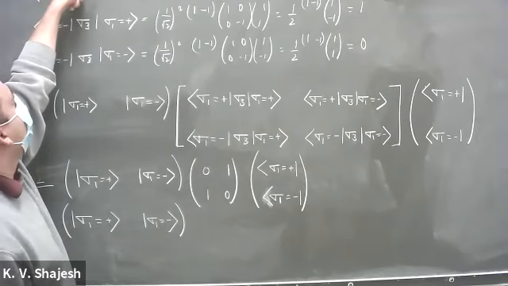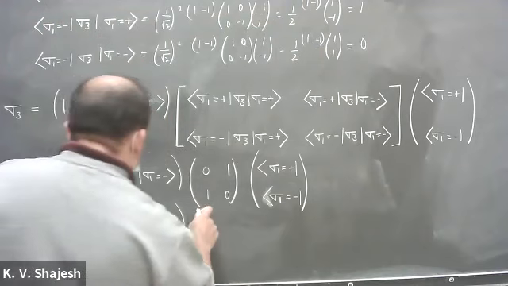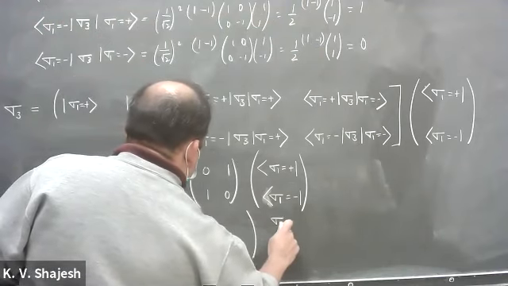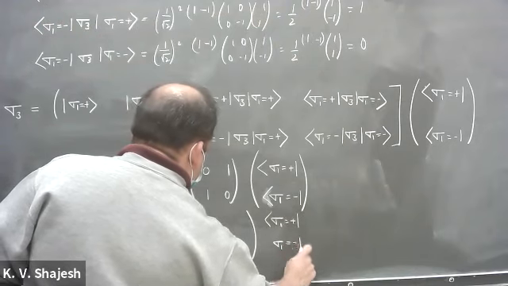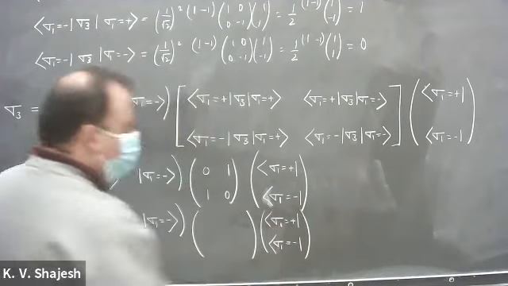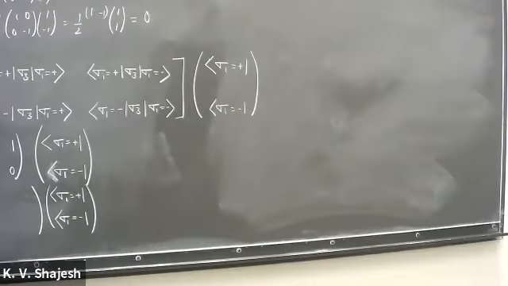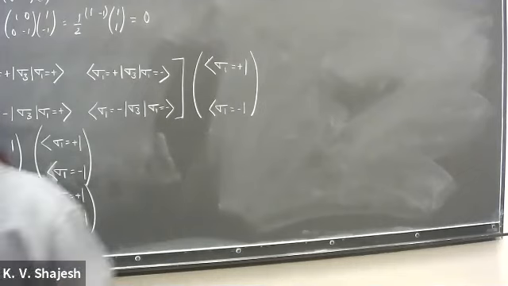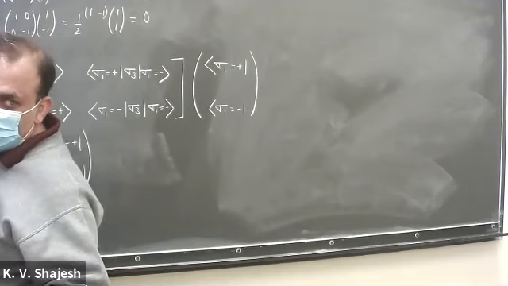If this was sigma 1, what is the right hand side? So we want to find that. Yes, I think it's 1, 0, 0, 1, because sigma 1 acting on the eigenvector of sigma 1 is sigma 1 itself.